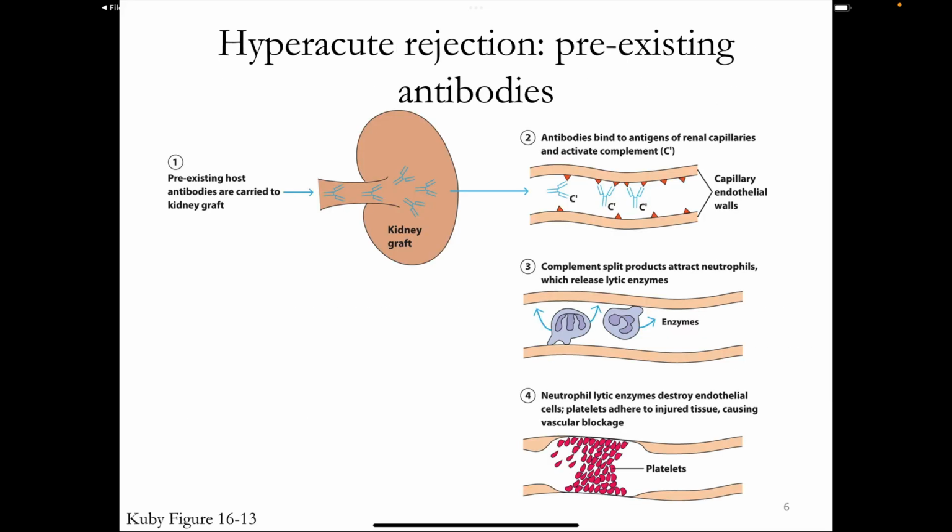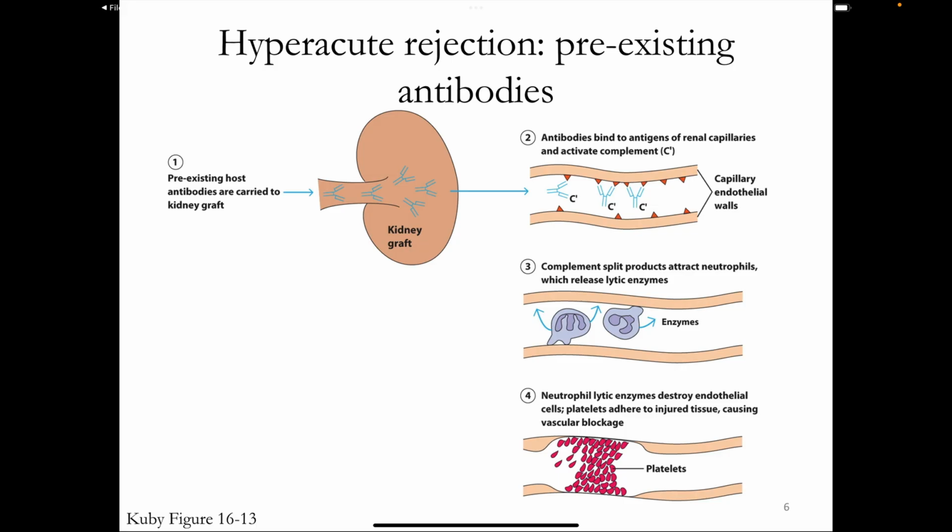So as I said, hyperacute rejection is one where we think about antibodies really being the key. And a hyperacute rejection looks a lot like a type 2 hypersensitivity response. So we know we've got antibodies here, and in general, these are IgG antibodies.